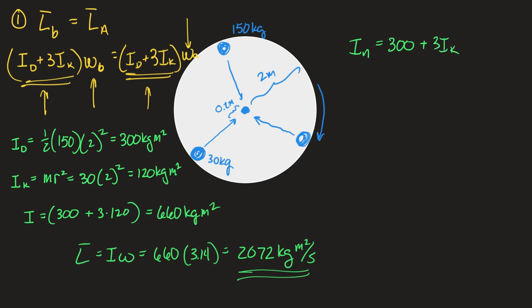The kids still have a mass of 30, but now they are 0.2 meters away from the center. That gives a moment of inertia of 1.2 kilograms meters squared per kid. That's a substantial change: 3 times 1.2 is 3.6, so the total is 303.6.